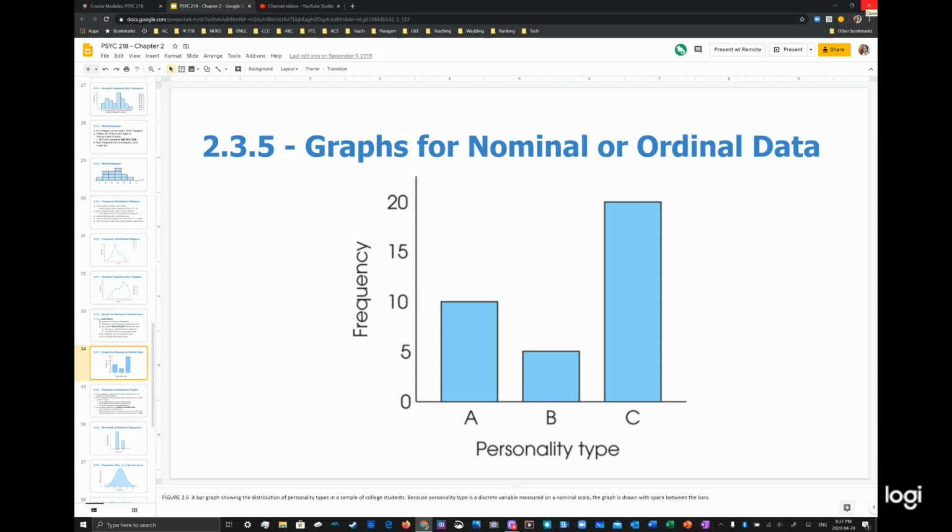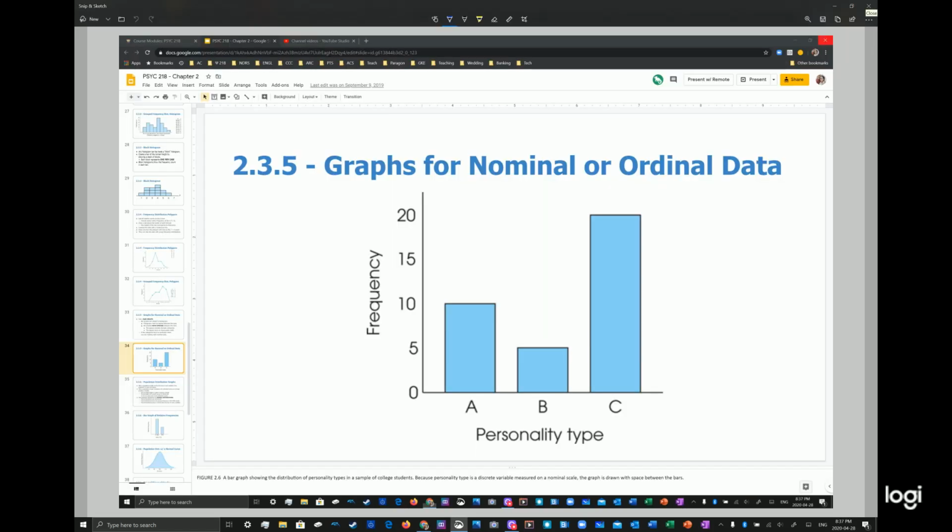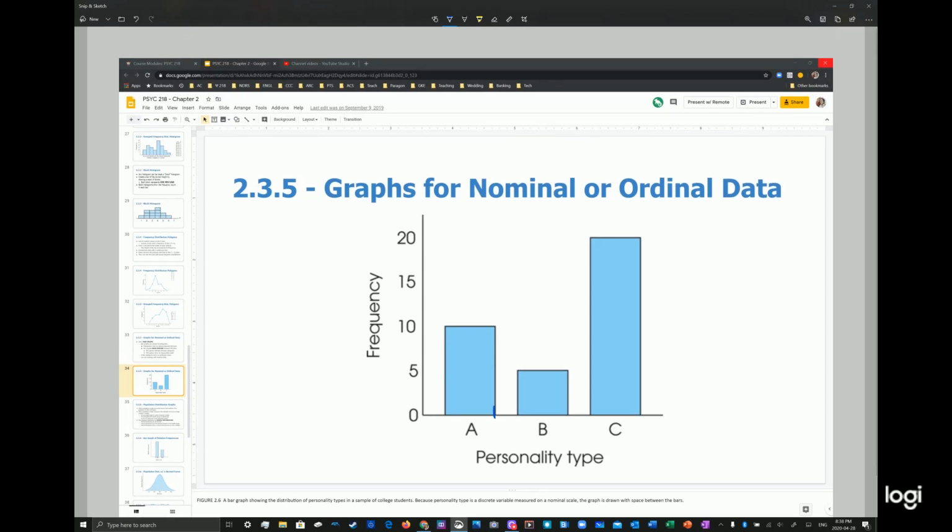So here's an example. Personality types. Now, we're not supposed to say which one's better, type A, B, or C. By definition, they are distinct. And each one has its own personality type, and there's nothing quote-unquote in between, at least by definition. So if we use personality types as nominal data, and these are personality types, not letter grades, then you can see right here there's a gap between these.